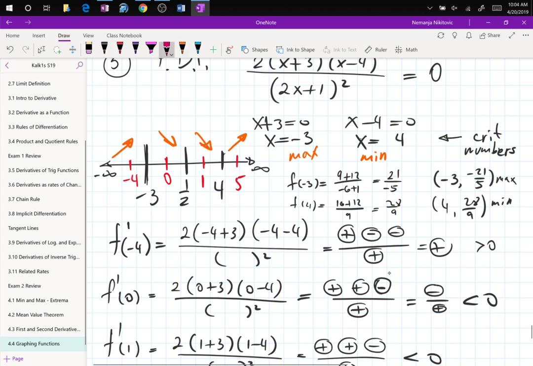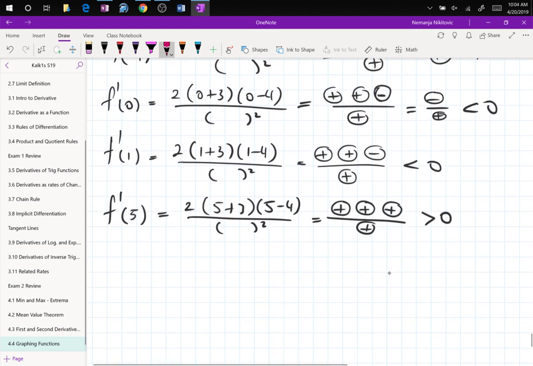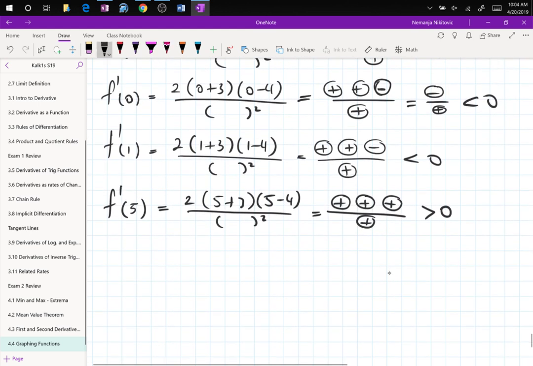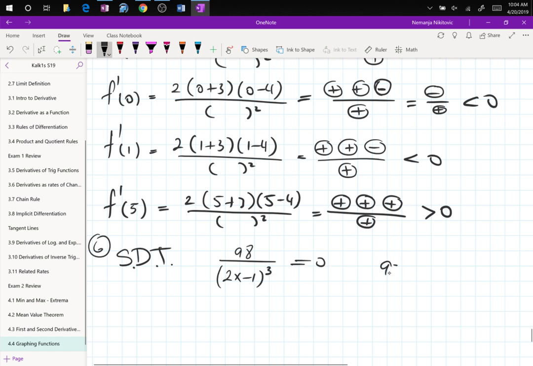This is getting worse by the second. Excellent. So hopefully now the second derivative test fits. We still have 98 over (2x minus 1) cubed equal to 0. 98 is not equal to 0, so no inflection points.